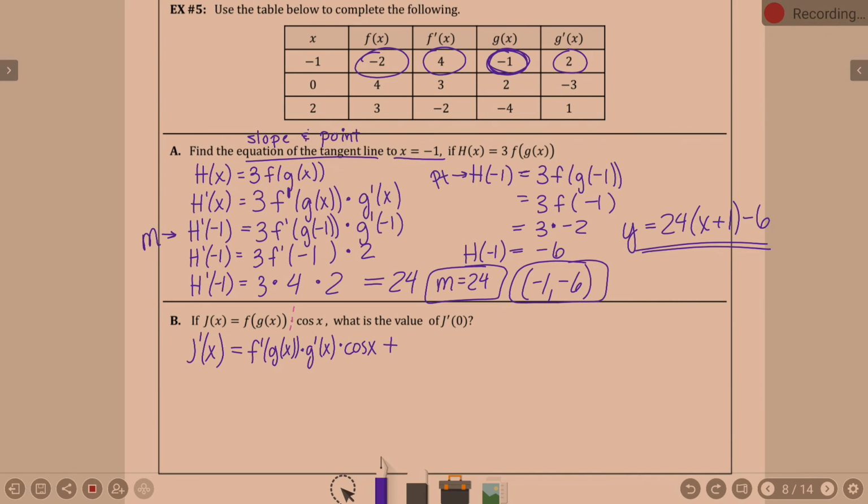Now this time through, f of g of x, we're going to keep f of g of x, we've already done the derivative of it, times the derivative of cosine x, negative sine x. Are we clear? Clear as mud, maybe? I'm trying here. Okay, now, at this point, you can clean up if you want. There's only so much cleanup that can really happen here, though. Or just go ahead and plug in the 0.